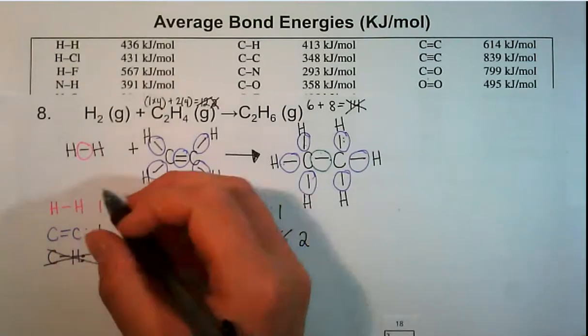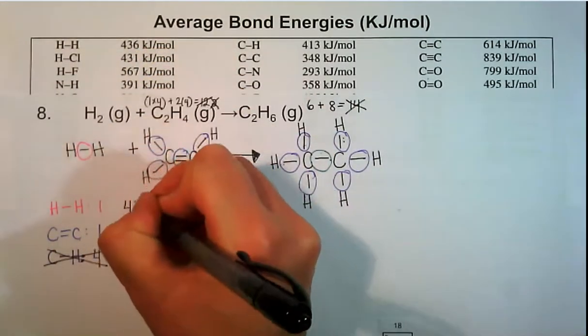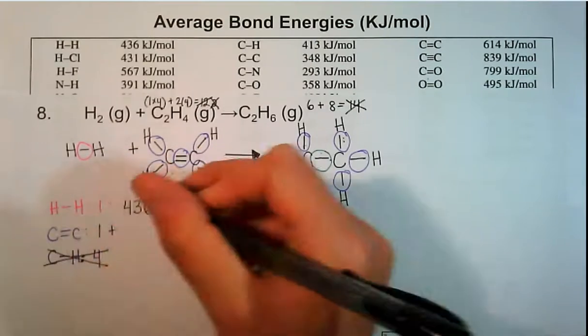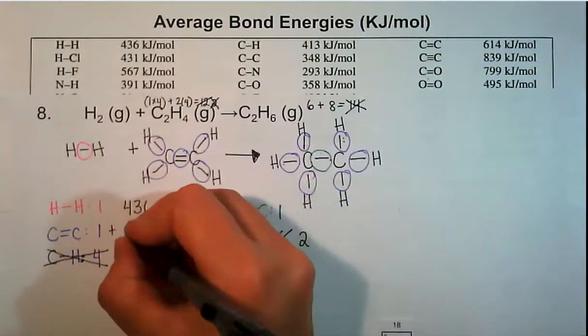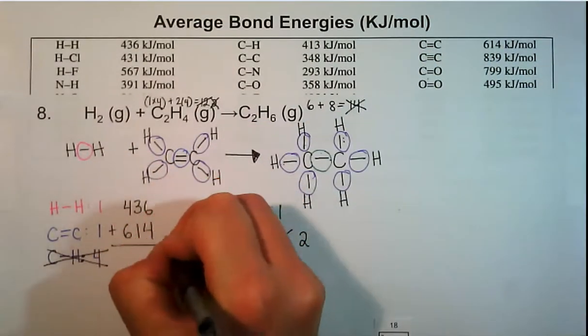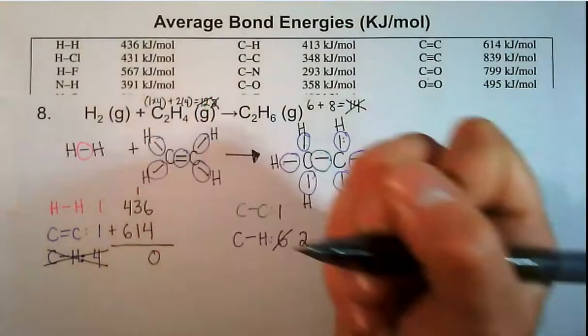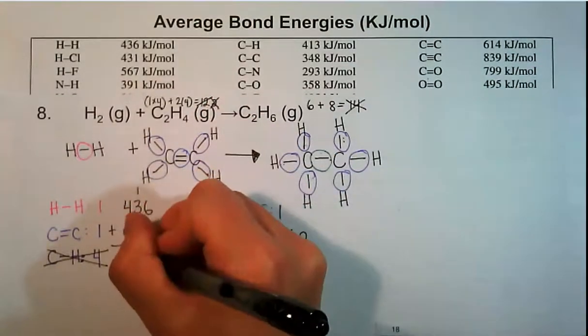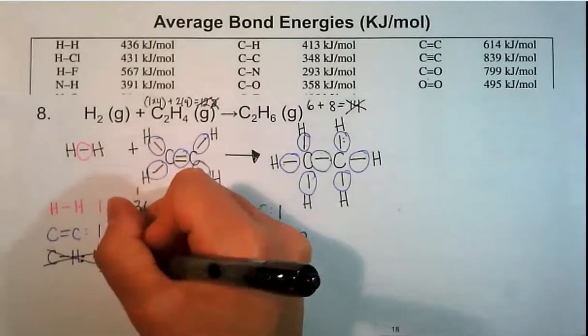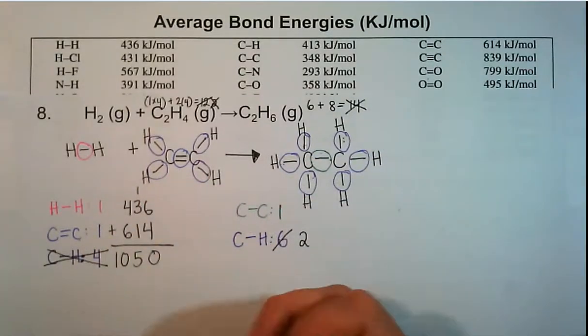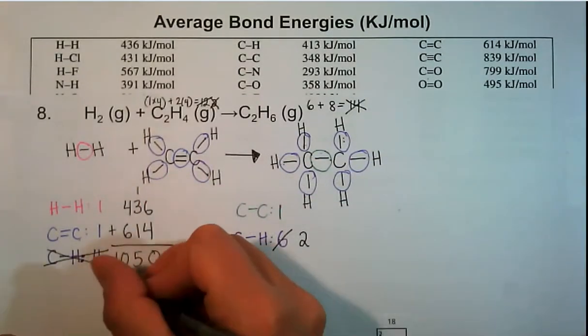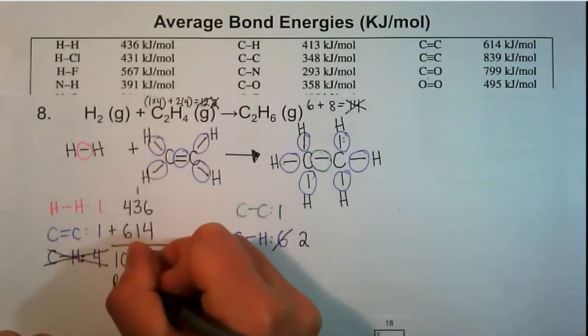Let's see, hydrogen-hydrogen is 436 plus the carbon-carbon double bond is 614 for a total of 1050 on our reactant side. So let's say reactants.